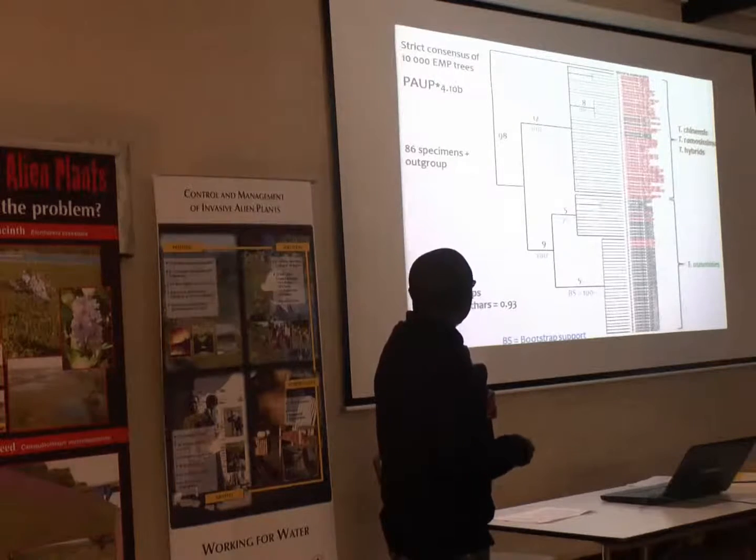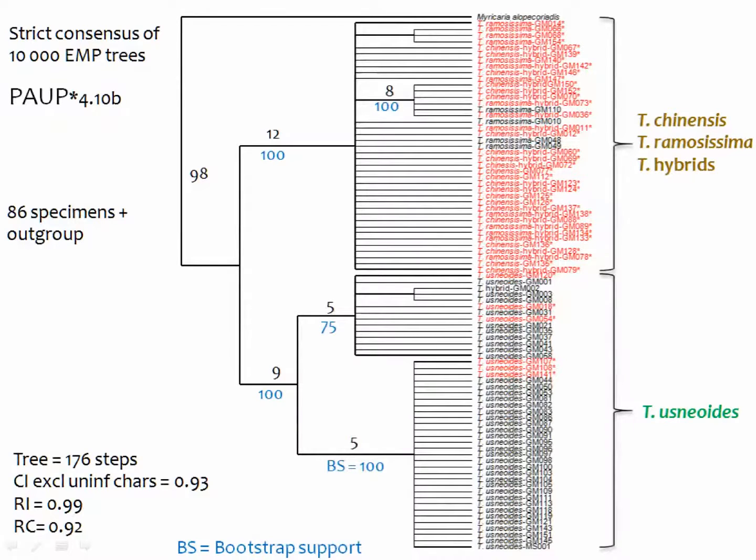Based on the ITS region, I just want to draw your attention here that all the specimens marked in red are identities which were confirmed using the AFLP markers. And this changed the complexity of this tree.